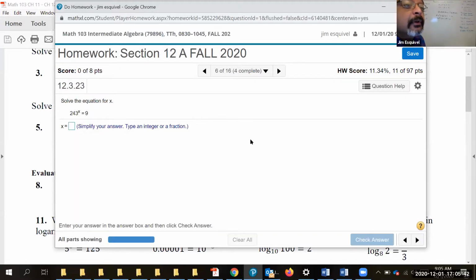Like this one. 243 to the x equals 9. So this is why you have a nice chart of all your powers.